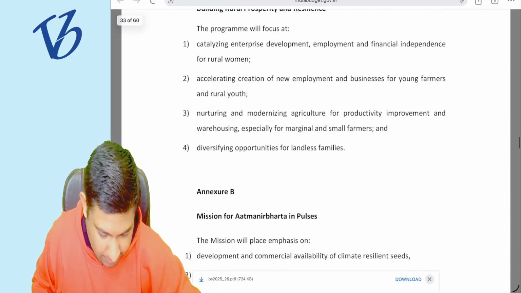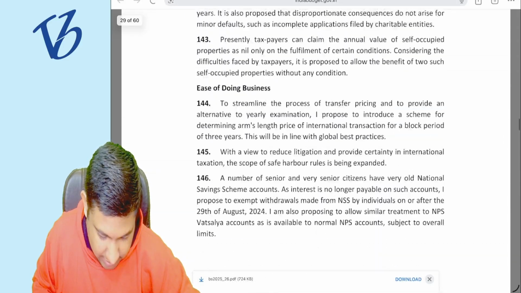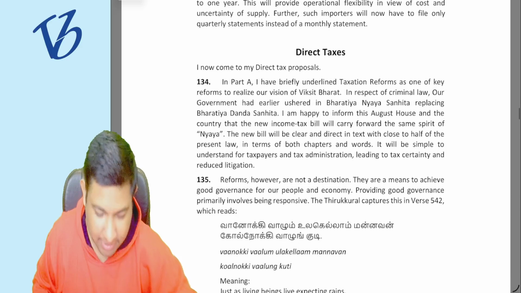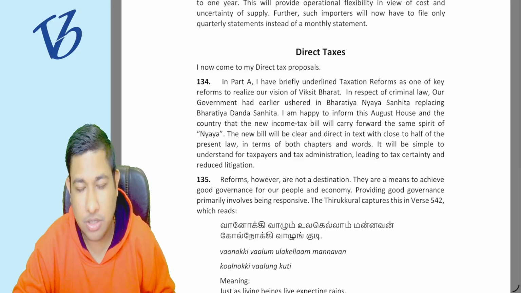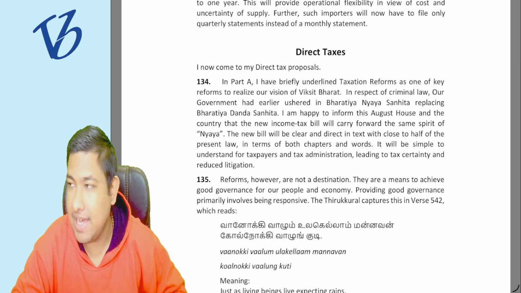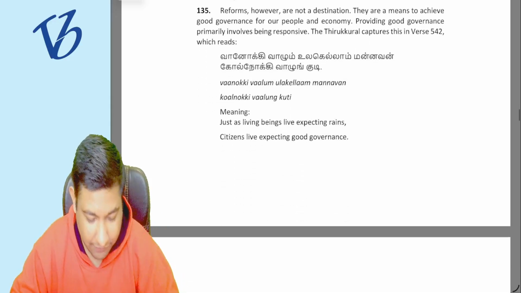Not the annexures. Yes. See, the direct taxes. Now, in the speech of Nirmala Sitharamanji in 2025, what she says: "I now come to my direct tax proposals." In part A, this and everything.